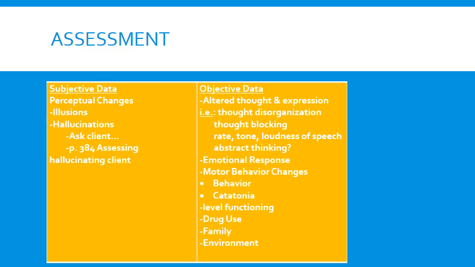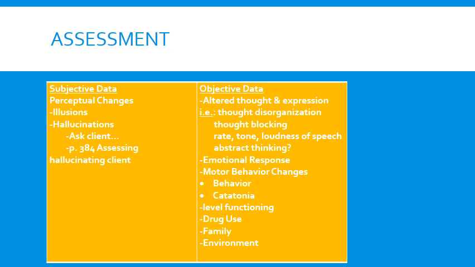Other ways that we can assess for a hallucinating client, which might actually fit more into the objective data, would be if the patient has their hands over their ears, or if they're smiling or laughing inappropriately, either during conversation with you or if they're sitting by themselves or with a group of people.